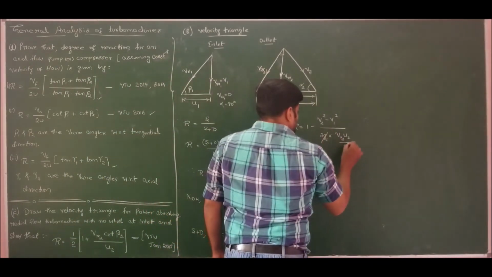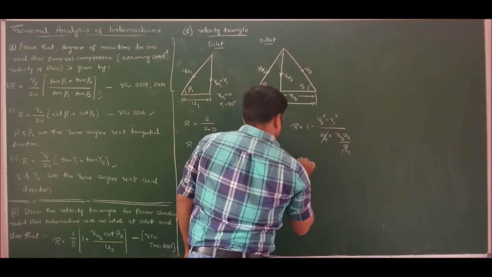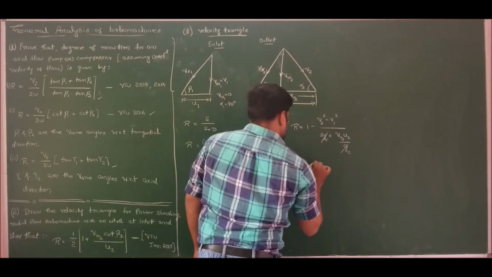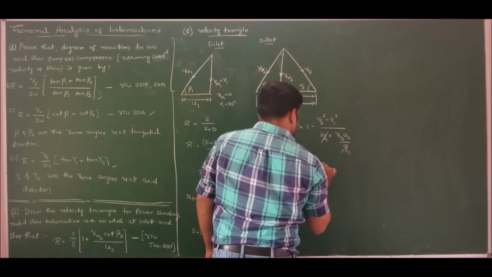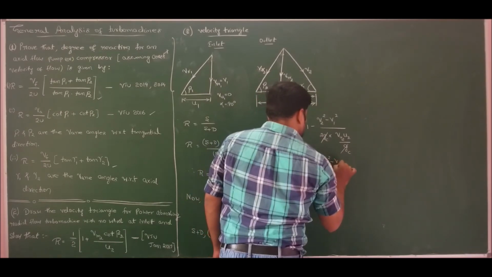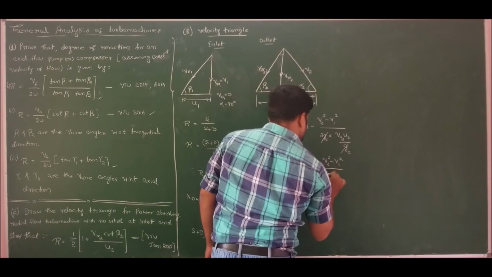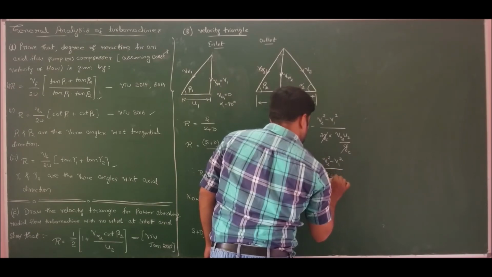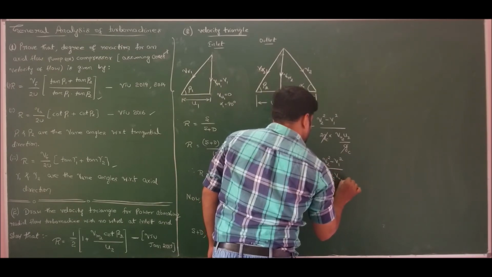So gc and gc get cancelled. I am left with R equal to 1 minus (V2 square minus V1 square) by 2 U2 VU2.